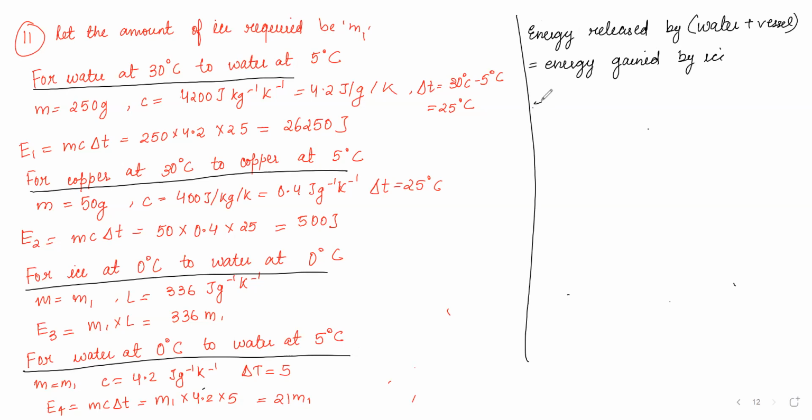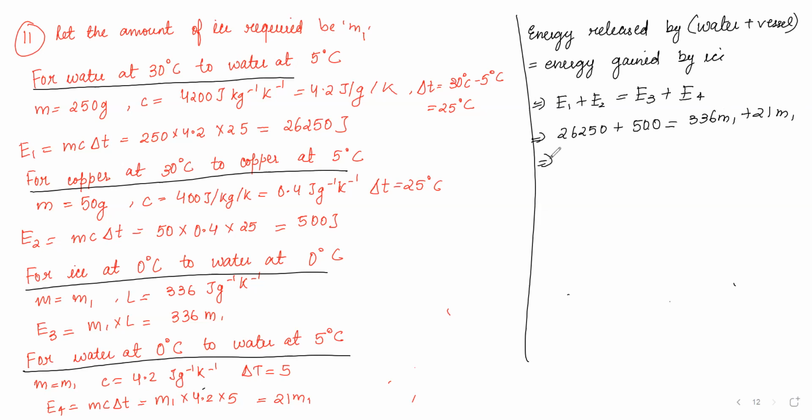So this implies what? E1 plus E2 is equal to E3 plus E4. Okay, so write down 26250 plus 500 is equal to 336 M1 plus 21 M1.